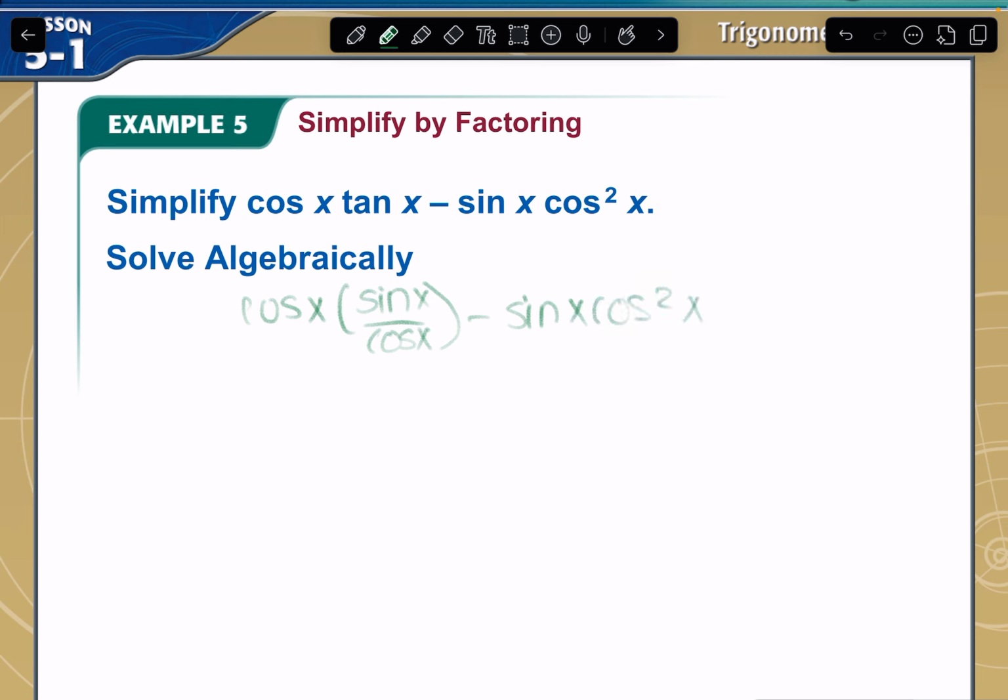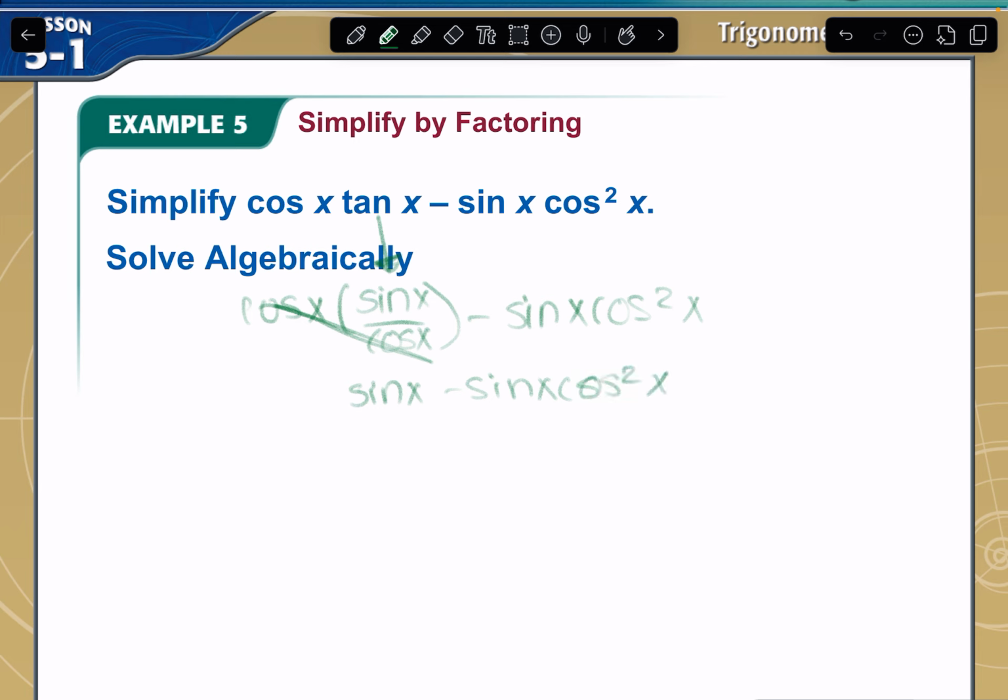That's all I did, from there to there. When I did that, I have cosine times sine over cosine. If you were to actually multiply that out, you'd have cosine times sine over cosine. However, thinking about cross-canceling, these cosine values can just cancel out. So now I'm just left with sine x minus sine times cosine squared x.